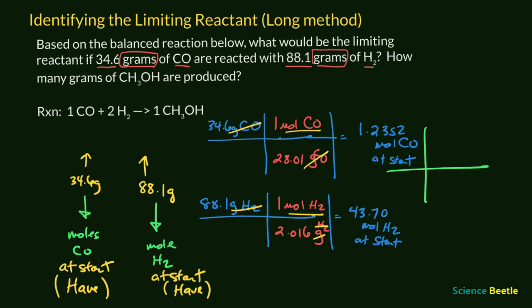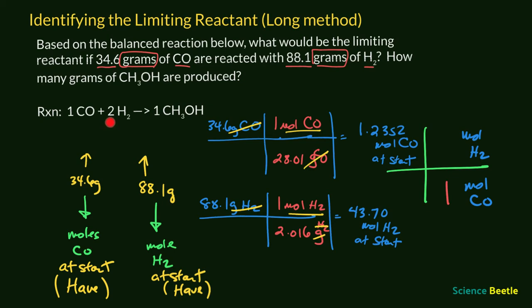And so what we'll do here is put that into practice. Notice here, carbon monoxide shows up in the numerator. So what we're going to do is put carbon monoxide down here, moles of carbon monoxide, relative to the other compound, which is going to be moles of hydrogen gas. We're going to look at the value here. Notice the coefficient of 1 for CO, so we're going to place a 1 down here, for every 1 mole of carbon monoxide.